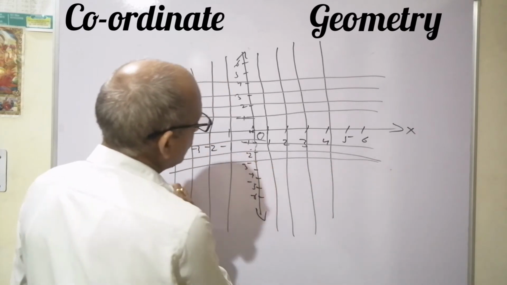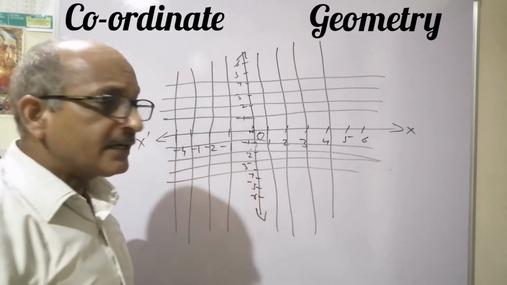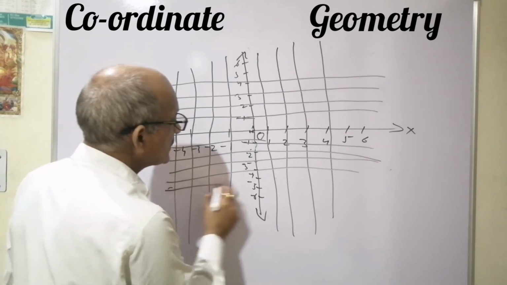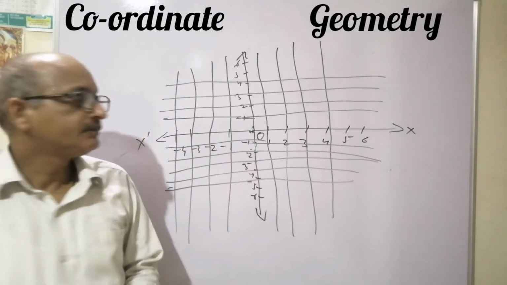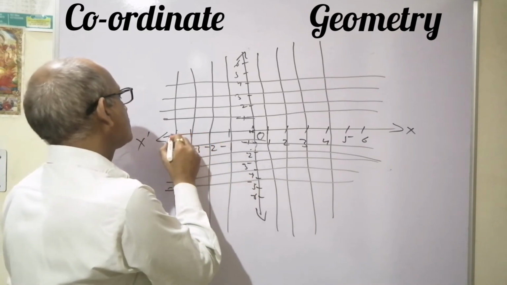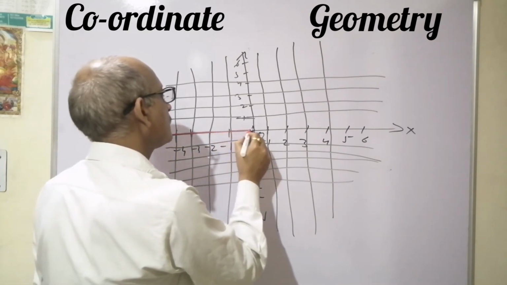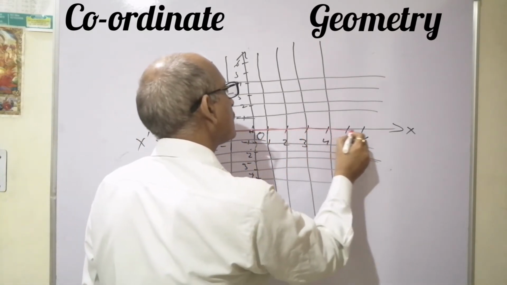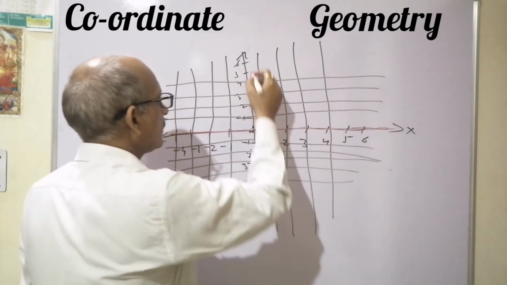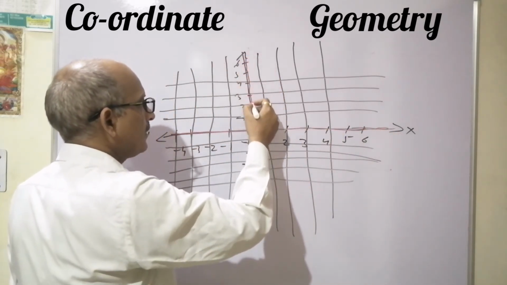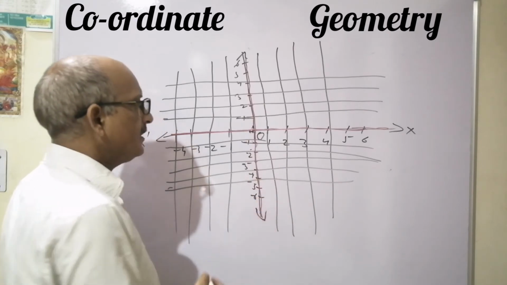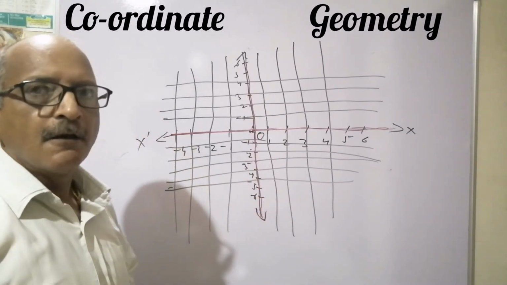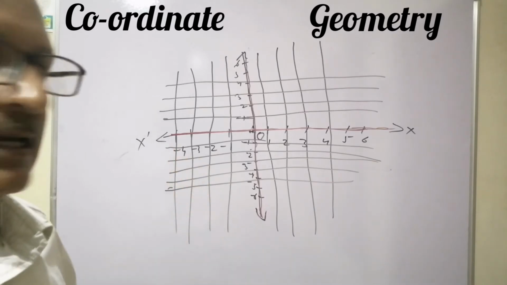I am not going to draw on a scale, but in a different way. Here we have a main line, and this is also a main line. The cross section of these main lines is the origin, clear?